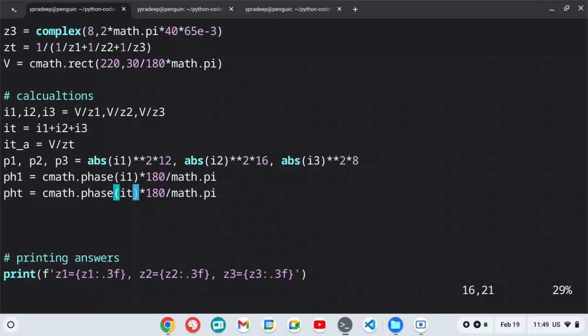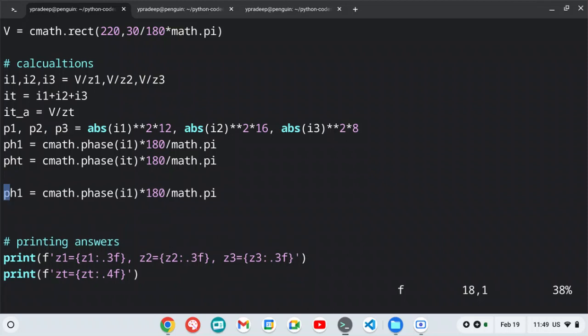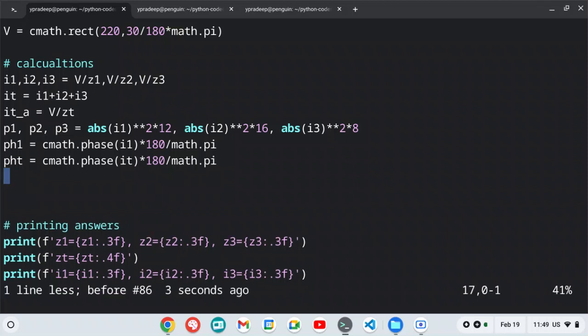Now I have the phase of the voltage and the phase of the total current. What is the phase difference and the cos of it? Okay, so power factor PF is cos of, should I use math.cos?